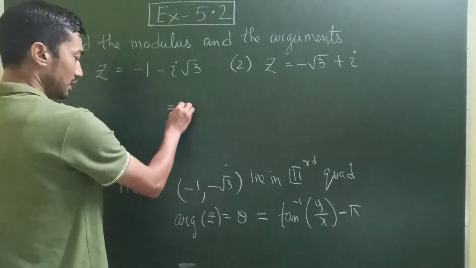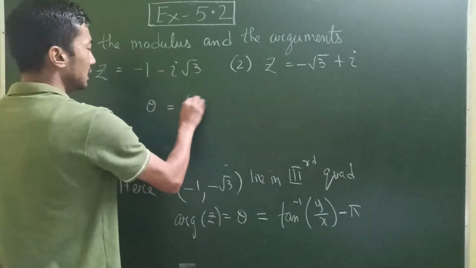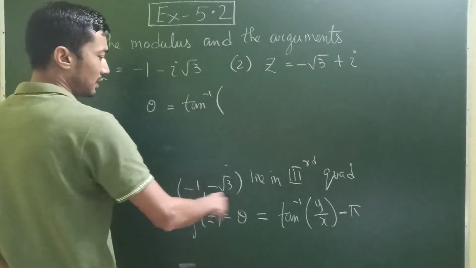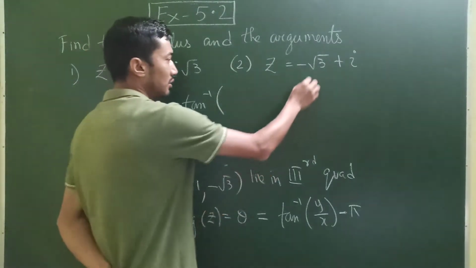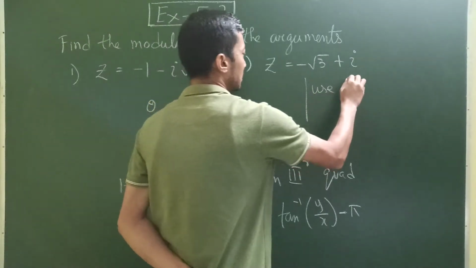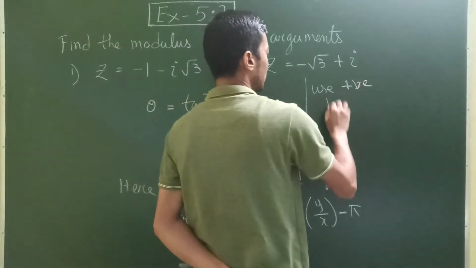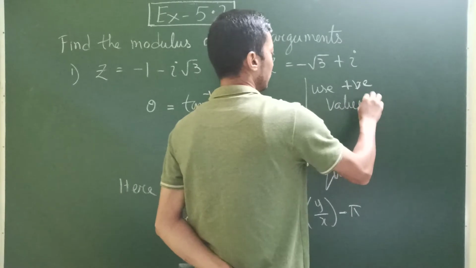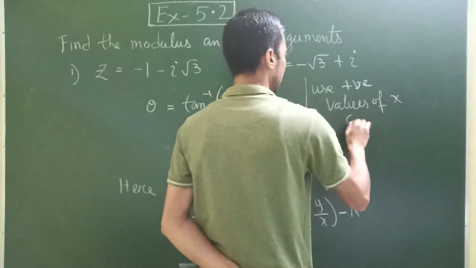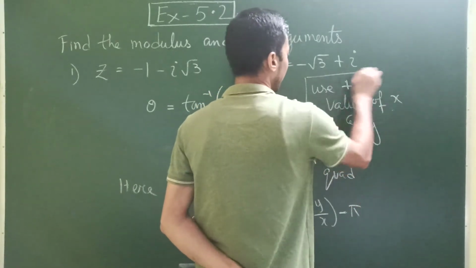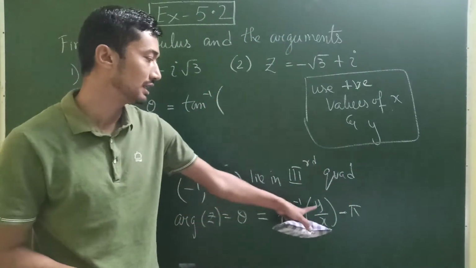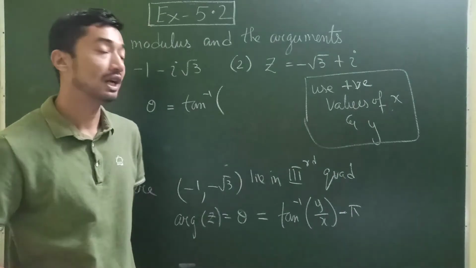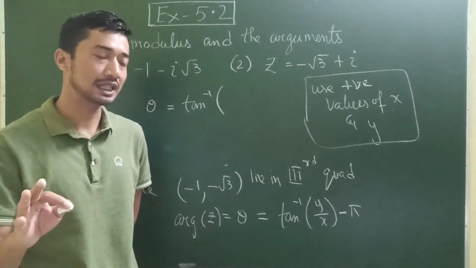Another important note is to use only the positive values of x and y. Ignore the negative values when we're trying to find the argument, tan inverse of y by x.